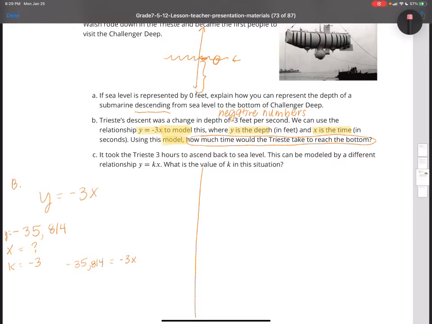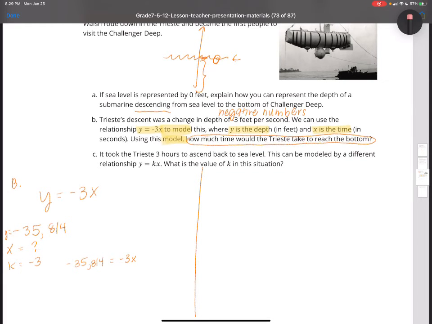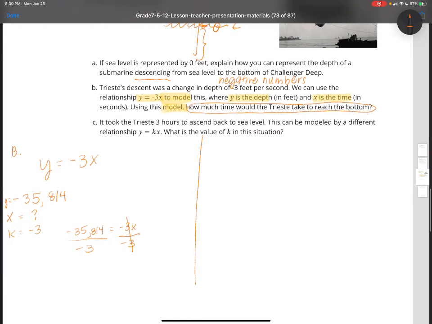Since it's -3 times this number that gives me -35,814, I want to use the multiplicative inverse, or we could just divide by -3 on both sides. That cancels out, and now x will be equal to -35,814 feet divided by -3. Once I divide that, I should get x equal to a positive 11,938 seconds.